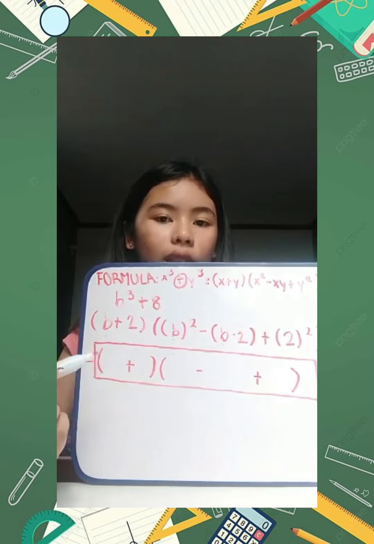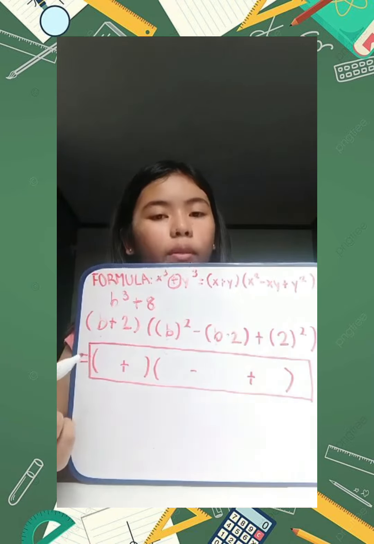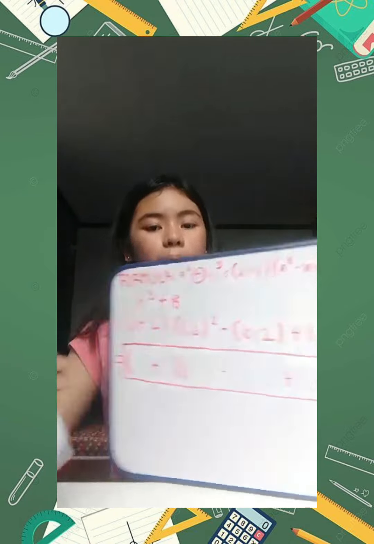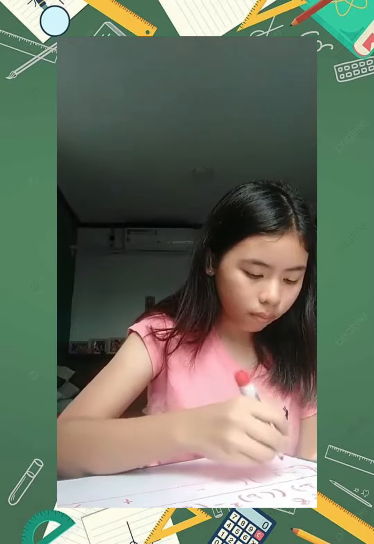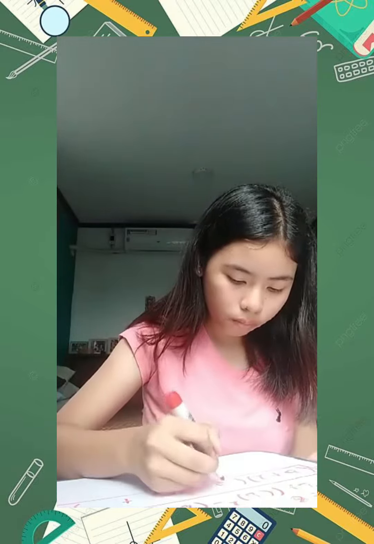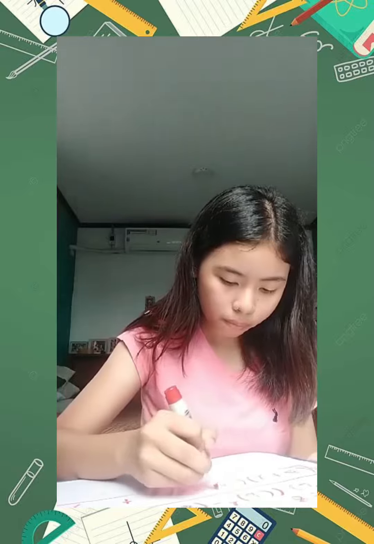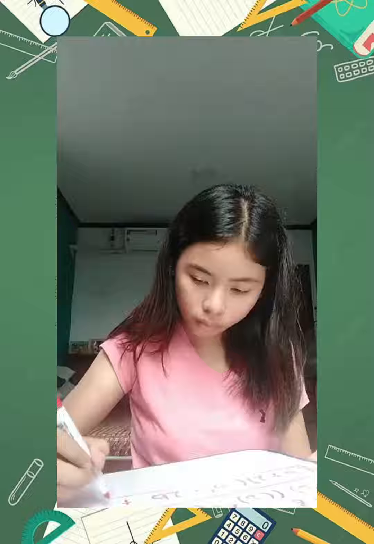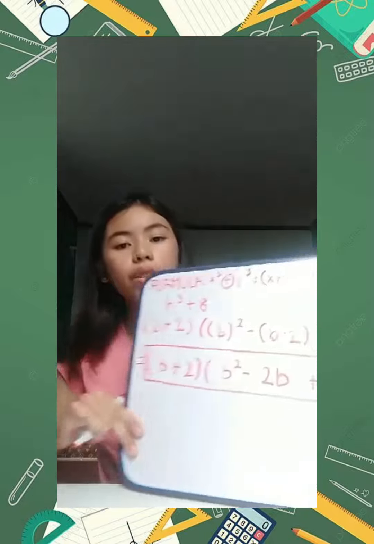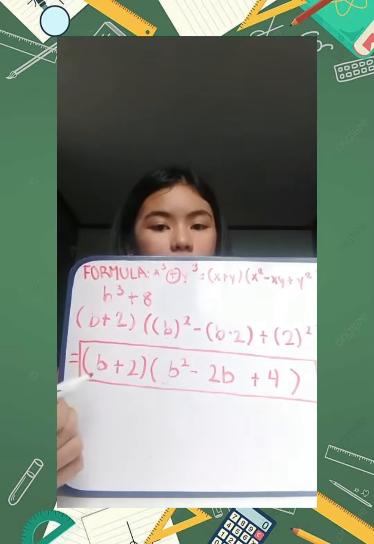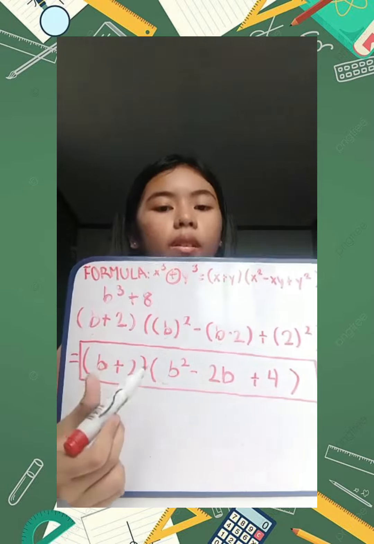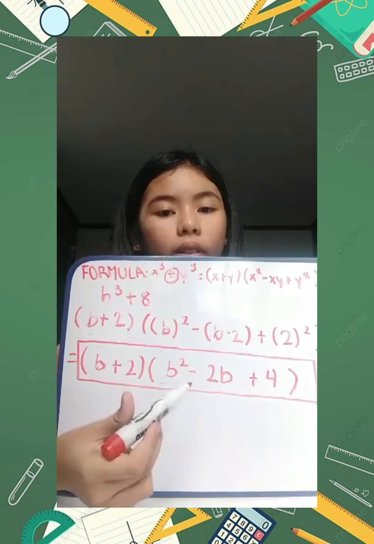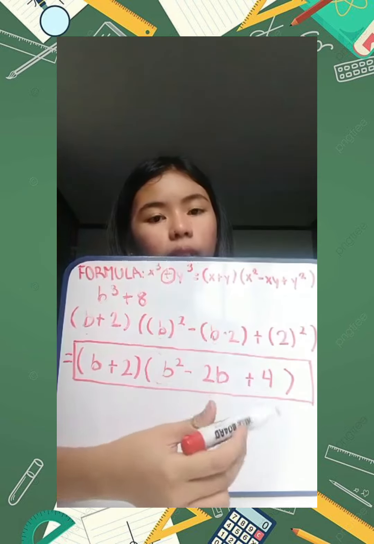Now, let's simplify this and we will get the factored form. The factored form is b plus 2 times b squared minus 2b plus 4.